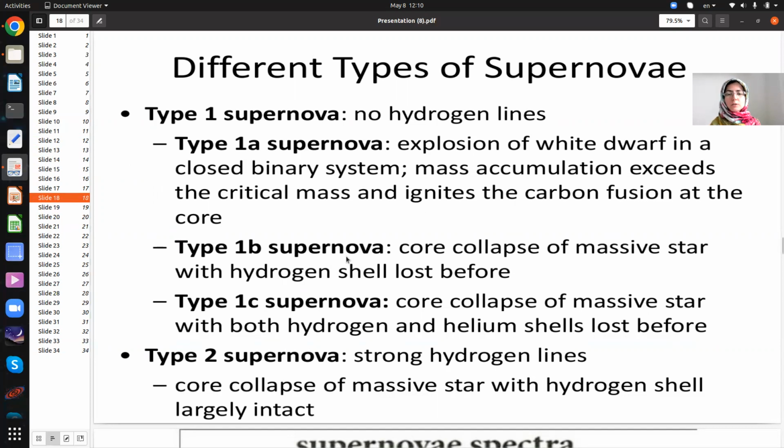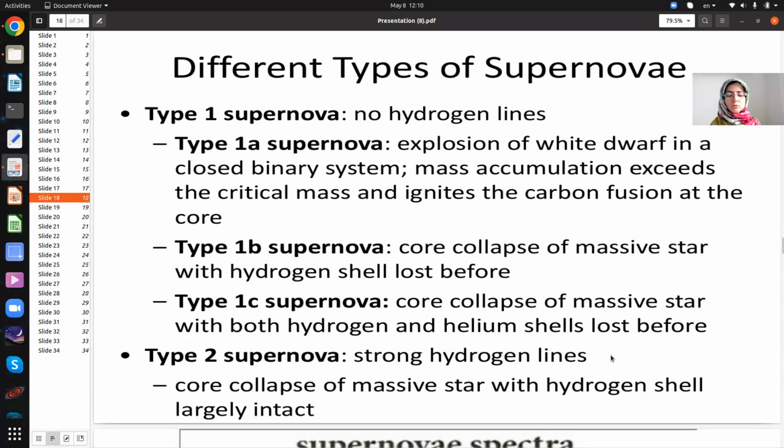Type 1B supernova: core collapse of a massive star with the hydrogen shell lost before. And type 1C supernova: core collapse of a massive star with both hydrogen and helium shells lost before.